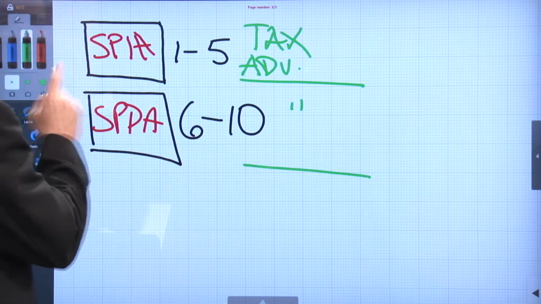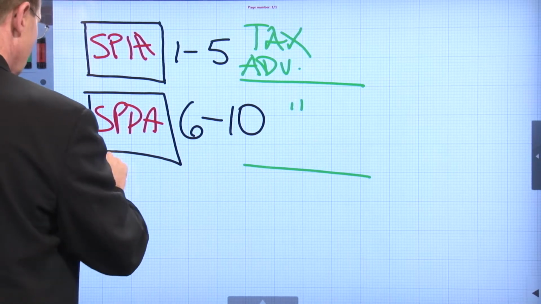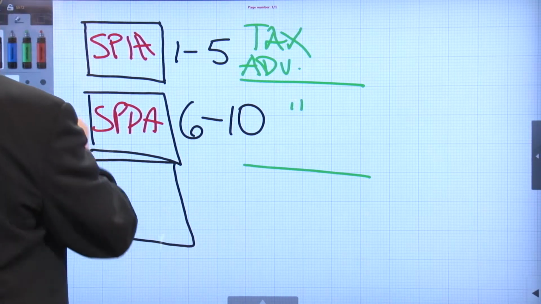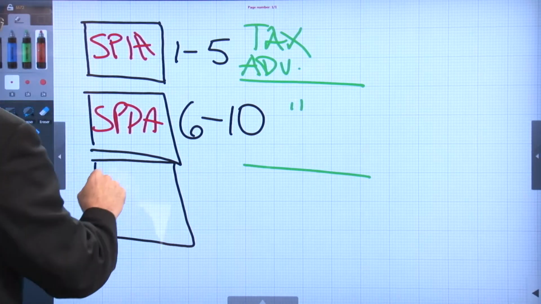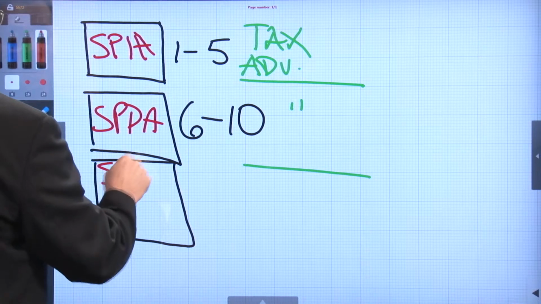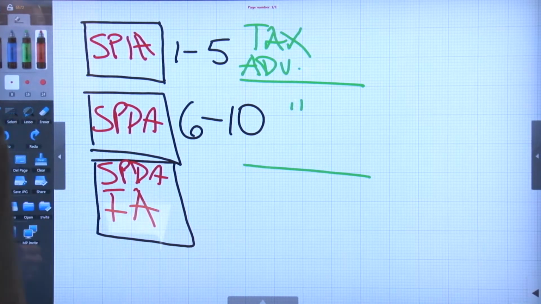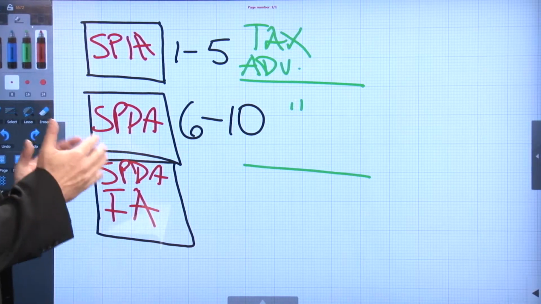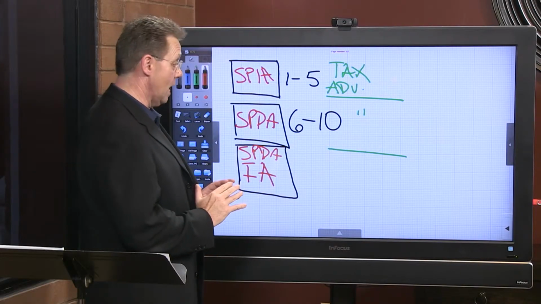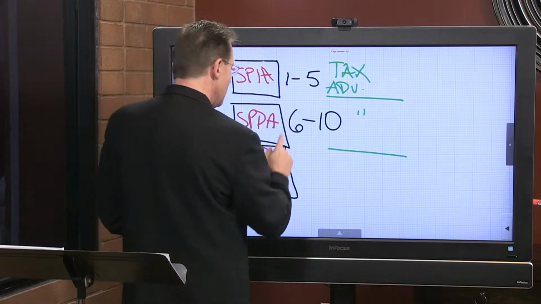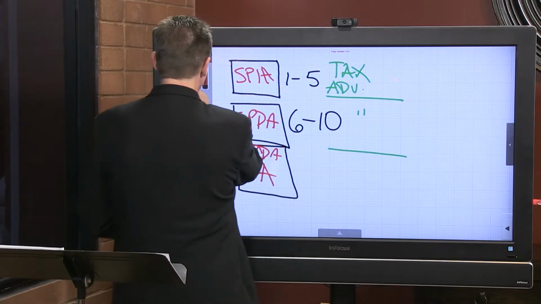And then in my 10th year, because we haven't talked about this this week, I'm going to use an SPDA index, an indexed annuity. When I use my indexed annuity, I'm going to hold it for that period of time, and that means I'll be taking my income out, depending upon how long I want to do that.